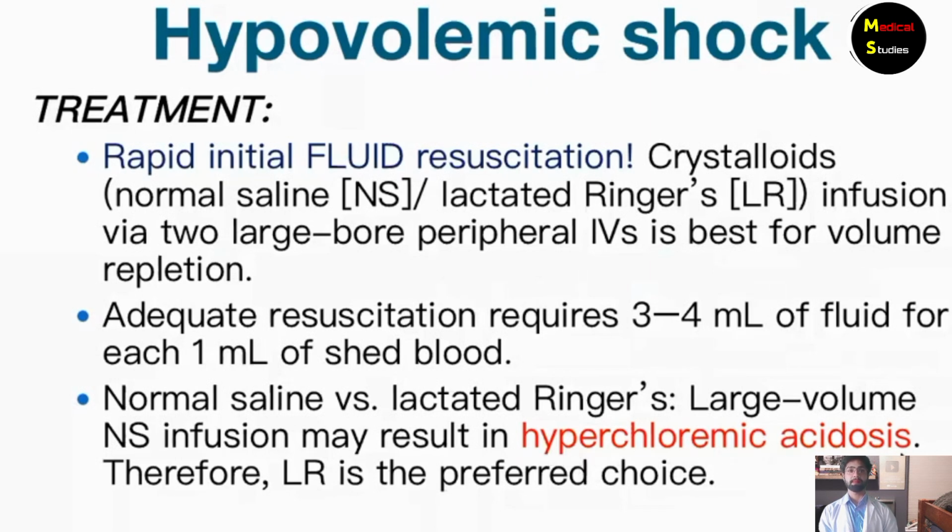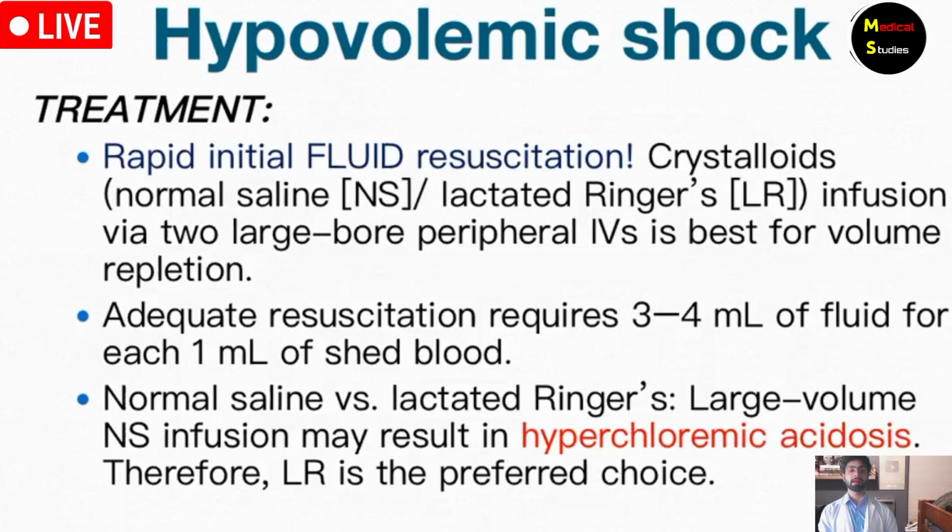Give your answer in the comment section. Hyperchloremia means increased chloride. So normal saline has a high amount of chloride, and that chloride will lead to metabolic acidosis, which is known as hyperchloremic acidosis.